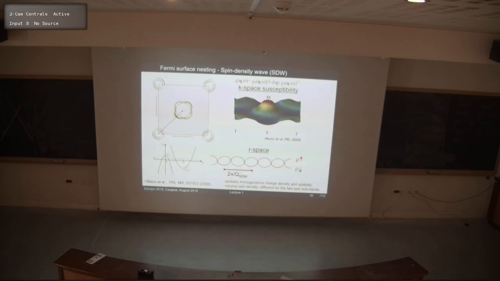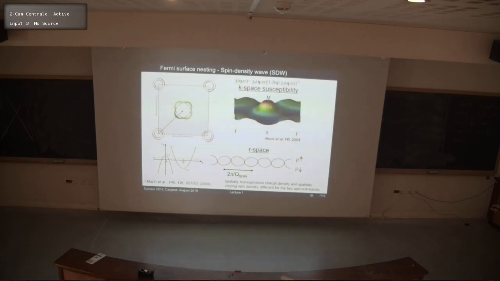So we have electron bands of similar size to the hole bands in the center of the Brillouin zone. If we have a vector which connects the two, then we expect a very strong enhancement in the Lindhard function susceptibility for the vector associated with this nesting.